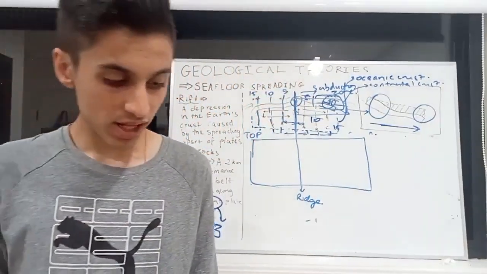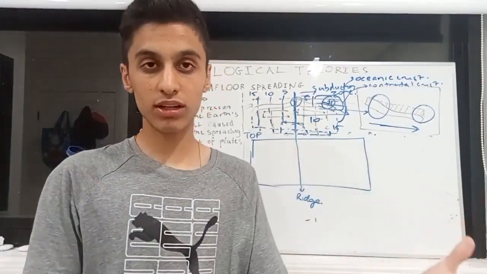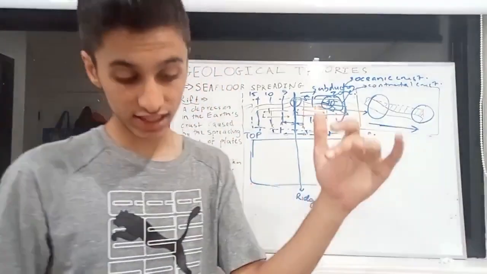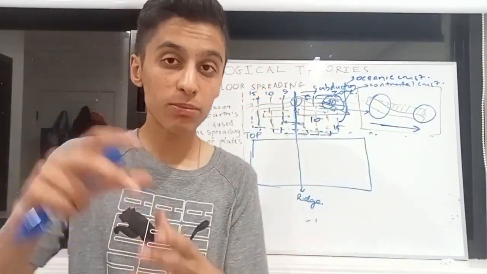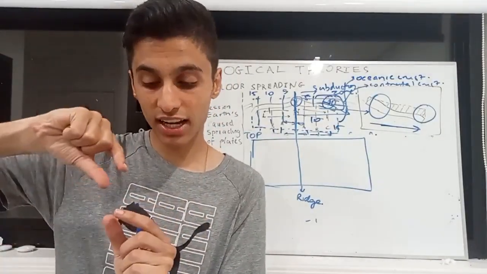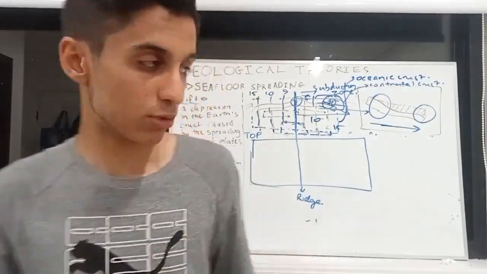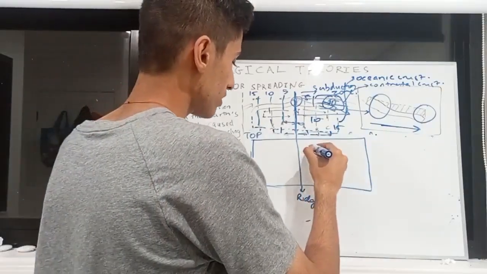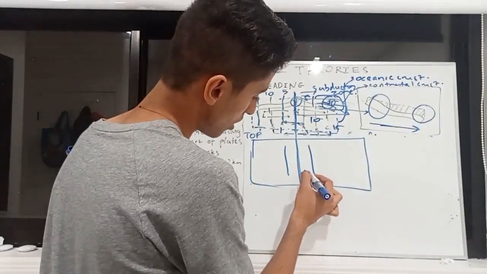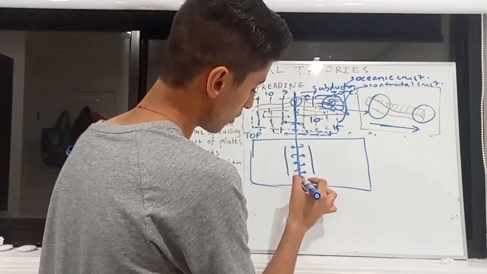And what they saw was that as they went away, we know firstly that basaltic lava contains magnetite, and so magnetite has a north and south seeking pole, and when the basaltic lava solidifies, the north and south poles that were in the magnetite get stuck in there. And we know that our north and south poles change. So let's say this is the ridge. This is where all our basaltic lava comes out from, and it solidifies to become rock, right?